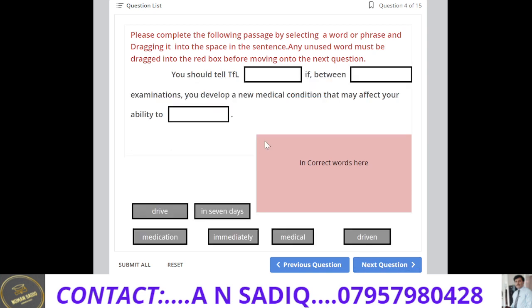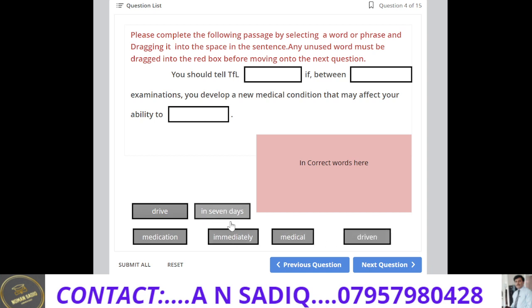Now I will try to do it quickly. You should tell TFL if between, again gap, examinations you develop a new medical condition that may affect your ability to. So you should tell TFL in 7 days or immediately. Other words are not appropriate.